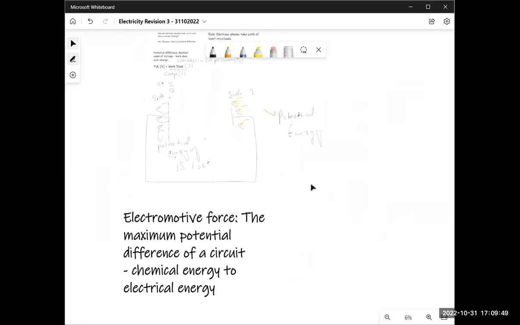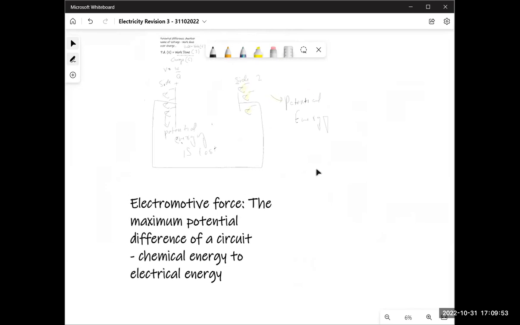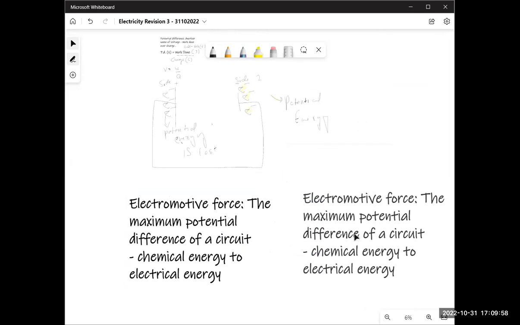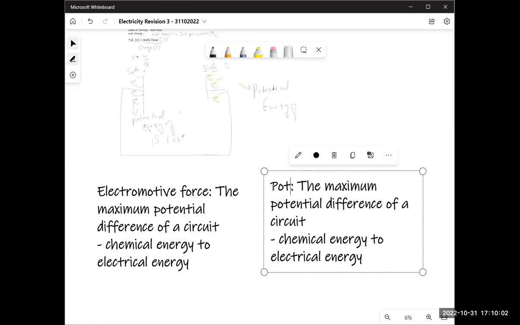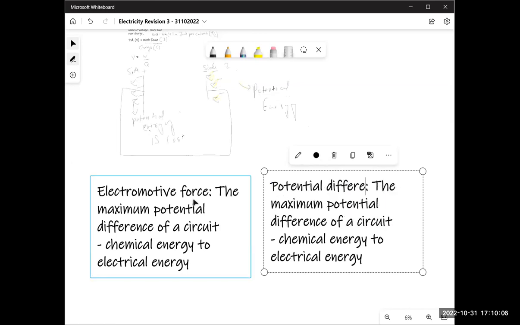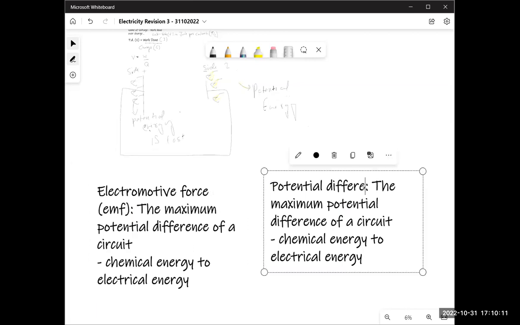What is happening? Chemical energy to electrical energy. The other one is called potential difference. We know that. This is called EMF as well, and potential difference is called PD.